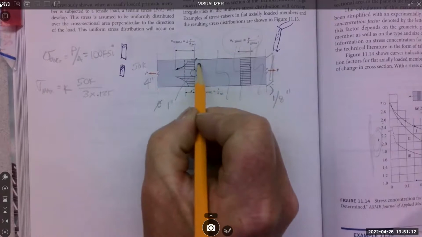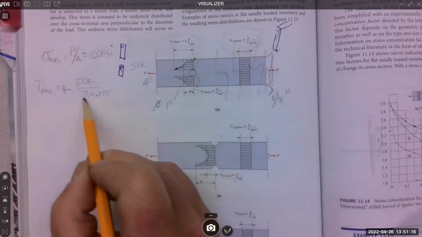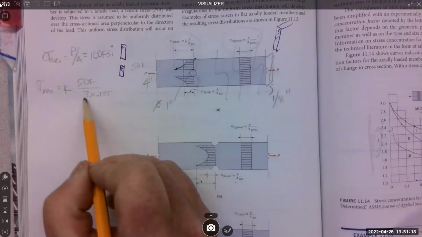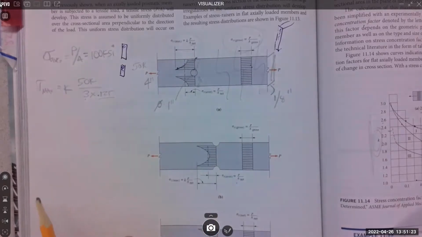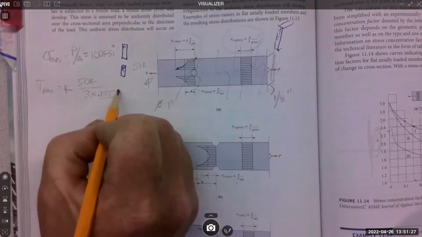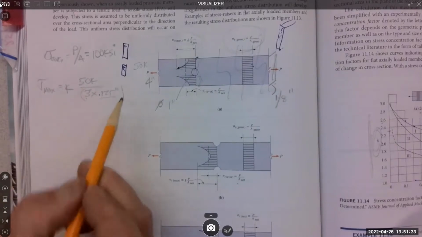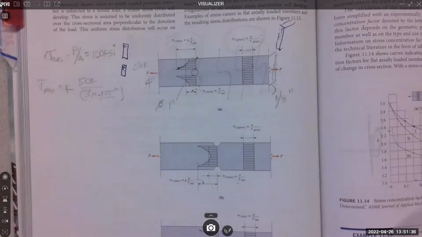That's going to be 4 minus 1, giving me 3 inches. Times 0.125 is area. Yeah, I multiplied times the eighth, because I needed area net down here. Does that make sense, Nick? Okay.